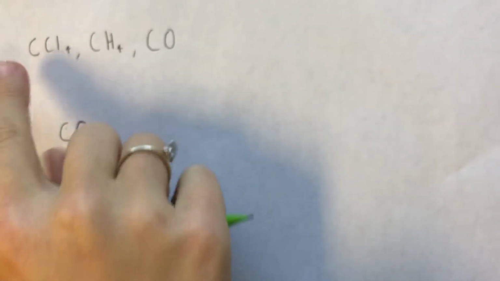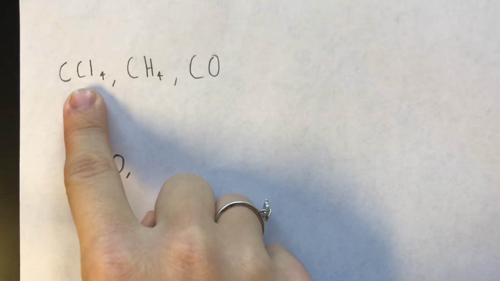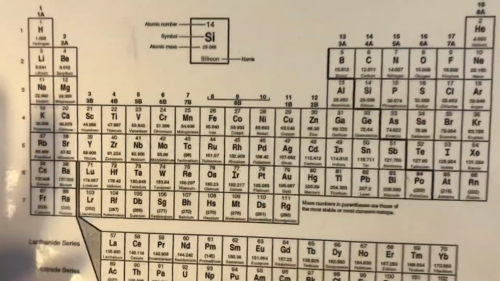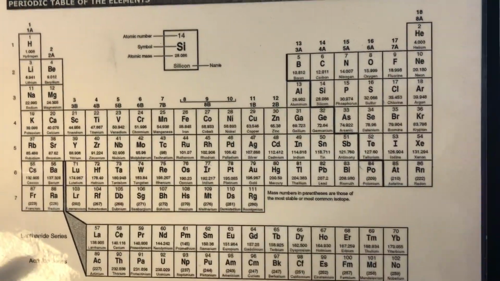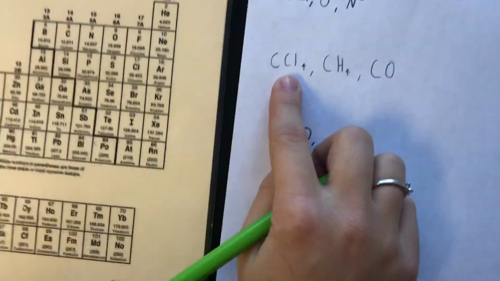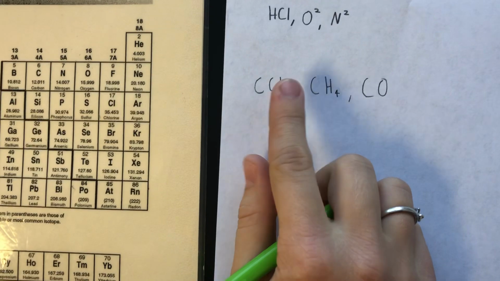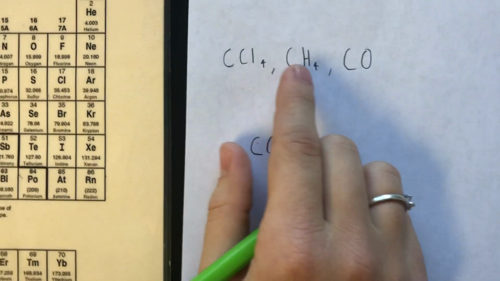Now if you have ones that have the same amount of atoms, you want to go off of the atomic mass. Since they both have 1 C, we can ignore the C's and look at their Cl and their H. Since they're both the same in number, the one with the higher atomic mass will be the one that's heavier.